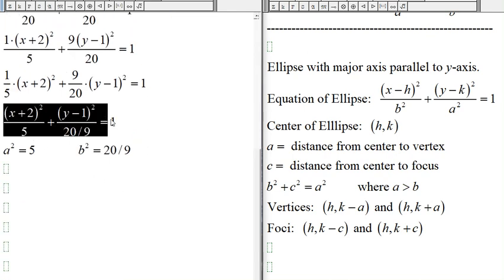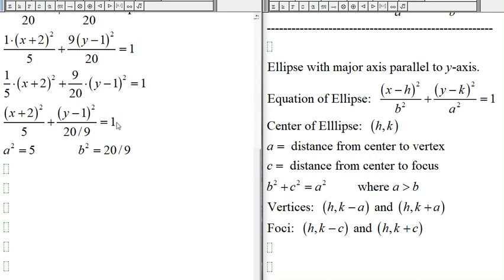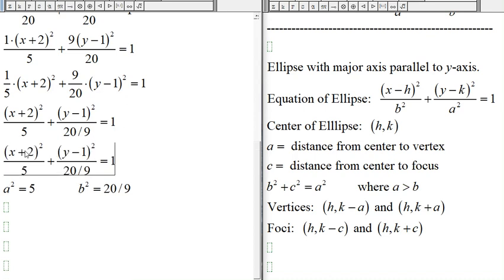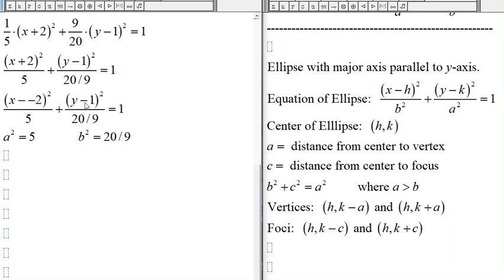And then for this one, we rewrite plus 2 as minus negative 2, so we can see the h and the k clearly. And so from here, a will be the square root of 5, and then b will be the square root of 20 over 9.